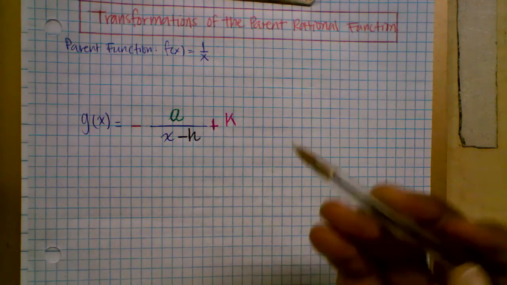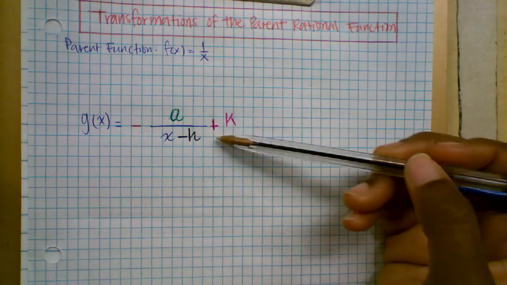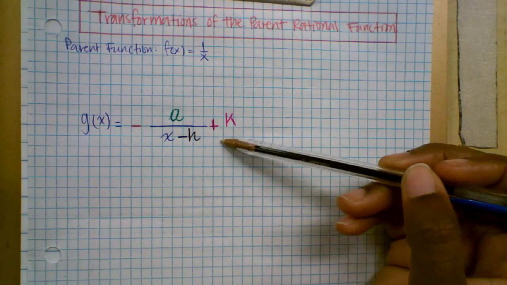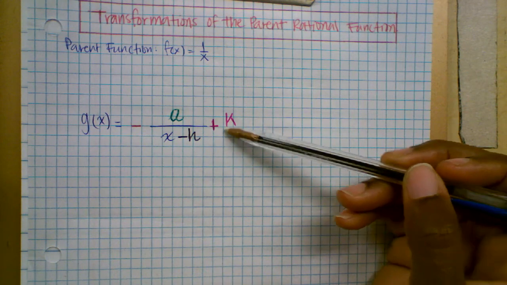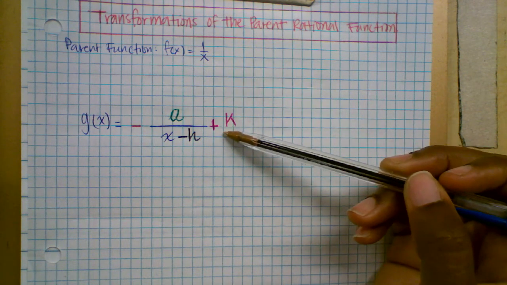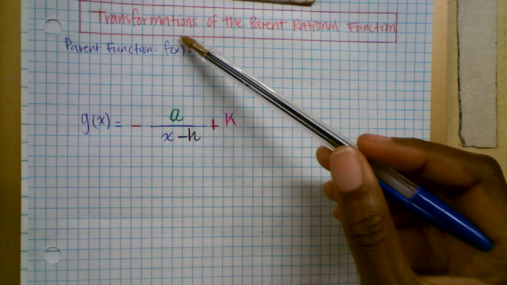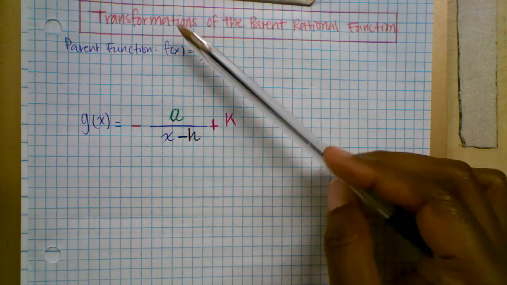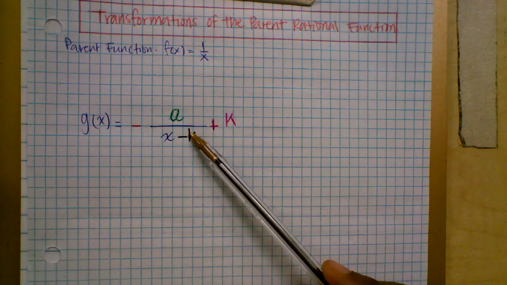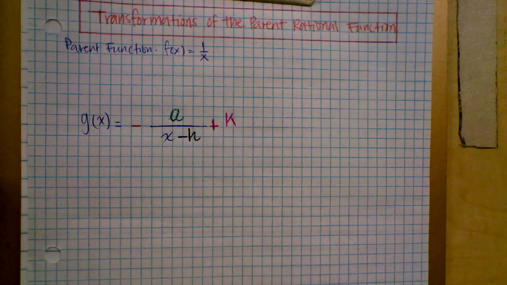To go from the parent function to a more advanced rational function, a different kind of transformation has occurred, from the parent function to the function g of x, and you're going to describe each one of them.